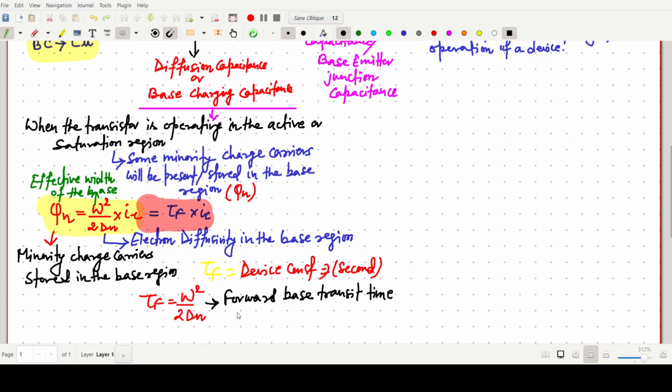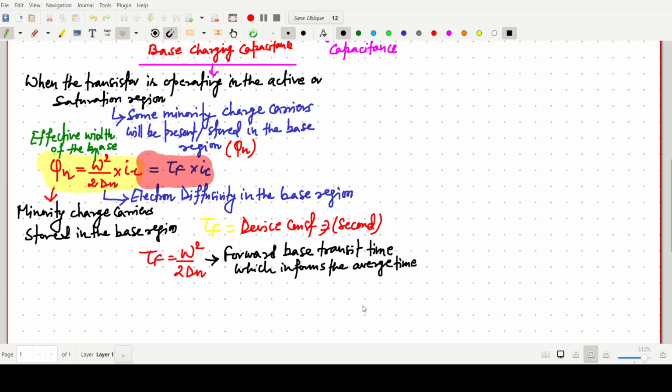Okay, so I'm writing here, which informs the average time that a charge carrier takes to cross the base region.